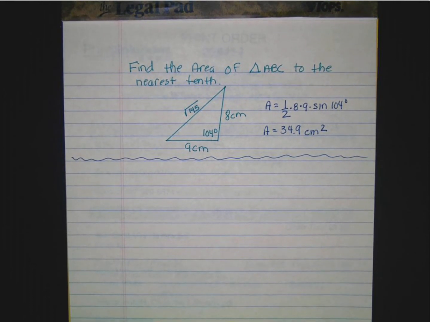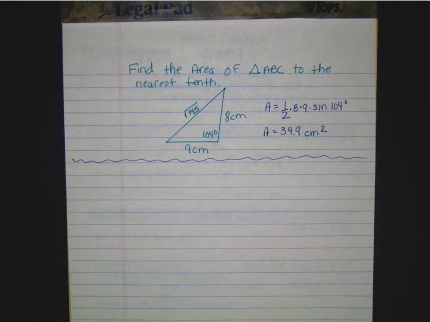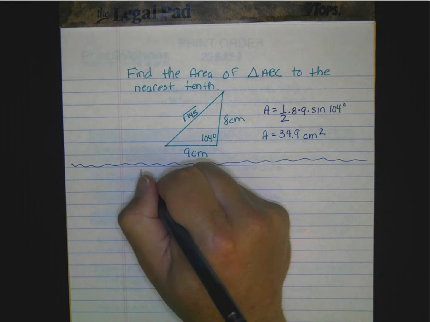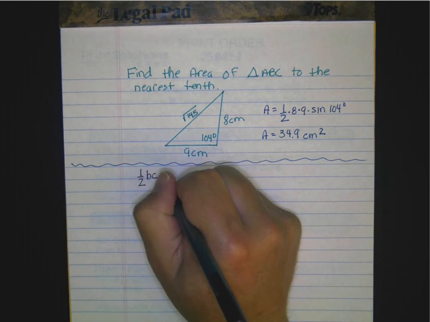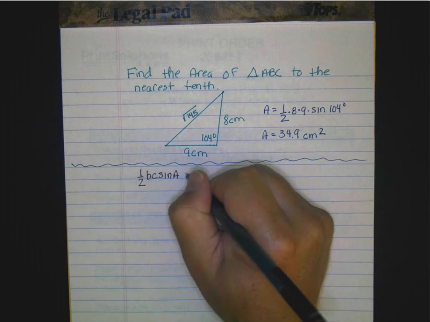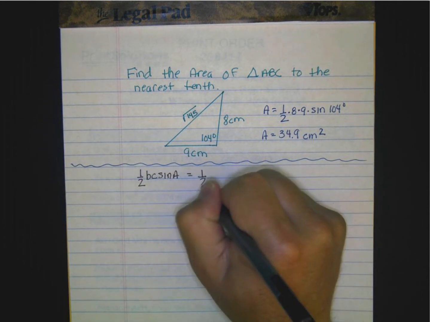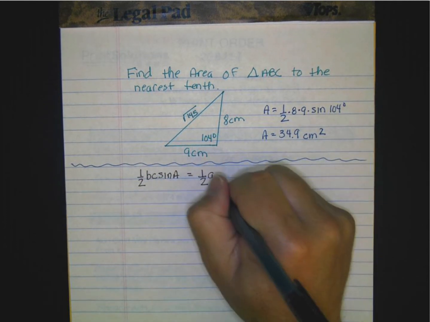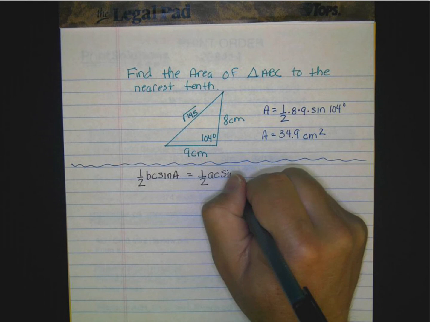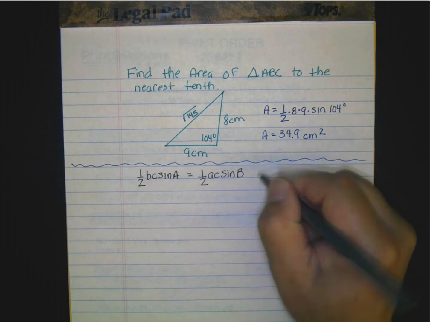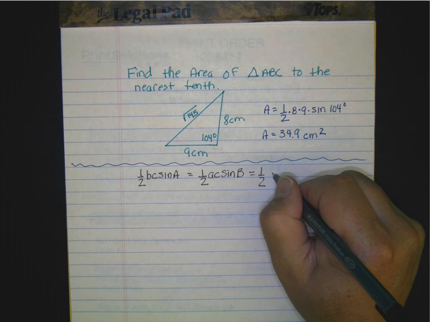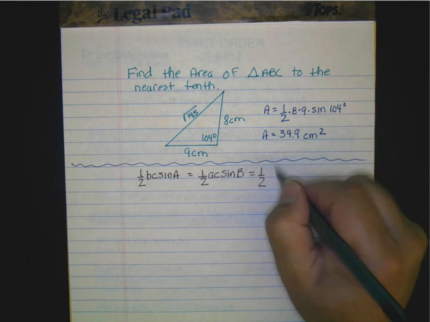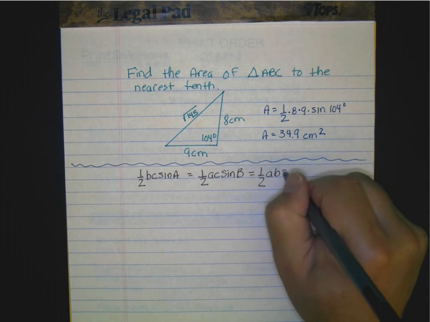So if you take all of the ways you can write the area, which is 1/2 b times c times sine a, that's got to equal 1/2 a times c times sine of b, see, not included, and that's got to equal 1/2, what do we got left, a times b times the sine of c.